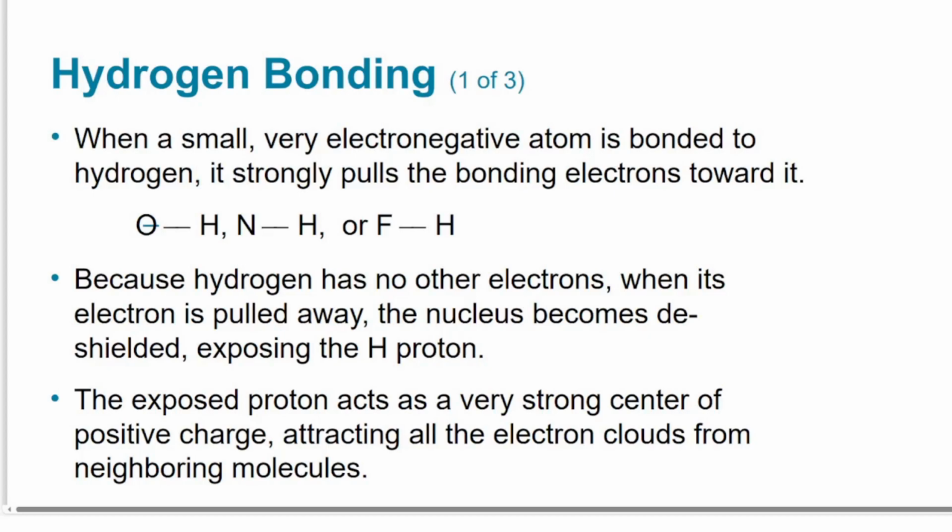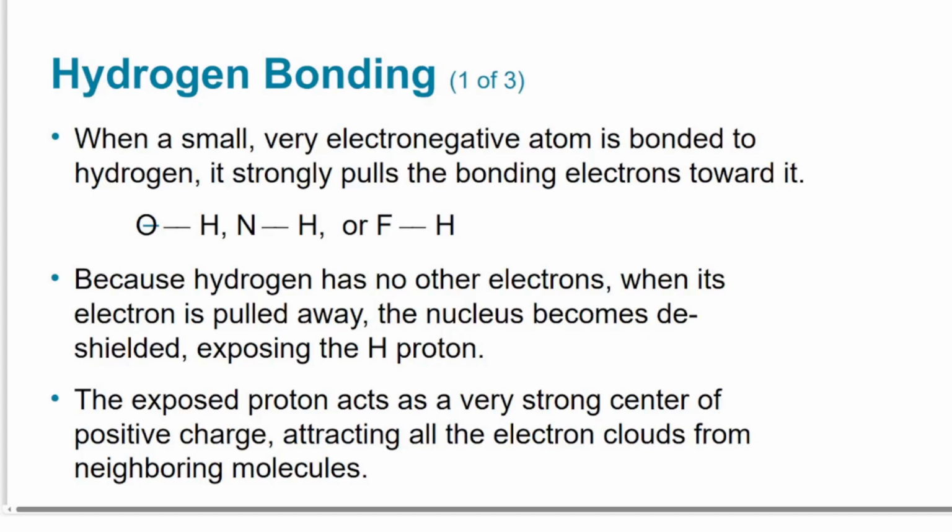Fluorine also counts, but HF is in itself an entity, and we don't observe hydrogen attached to fluorine within molecules. So HF is used for just demonstration purposes, but for the most part, hydrogen bonding exists when a hydrogen is covalently bonded to an oxygen or a nitrogen.